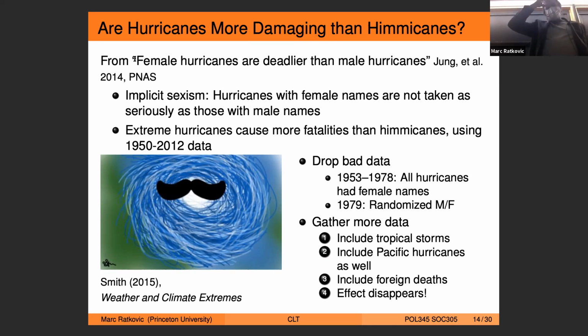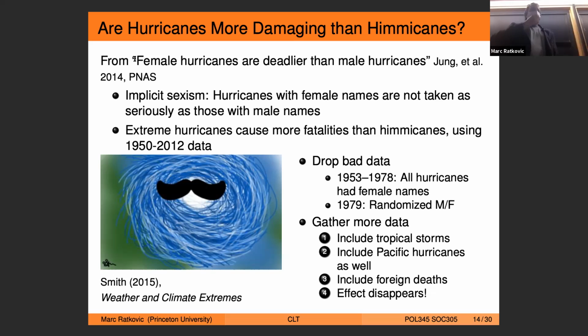So after reading the paper, some people went through it and they realized that the authors used the data from 1953 on, but names weren't randomized until 1979. From 1953 to 1978, all names were female.